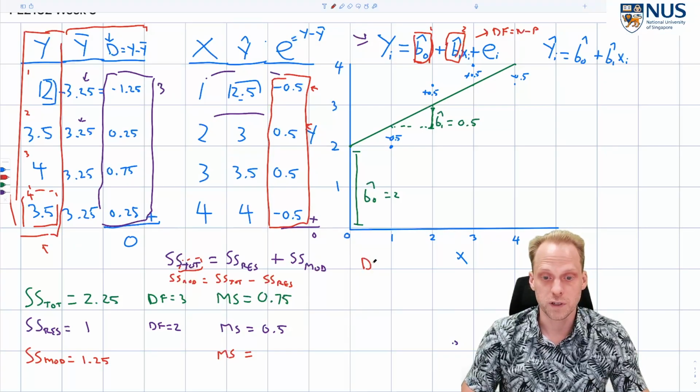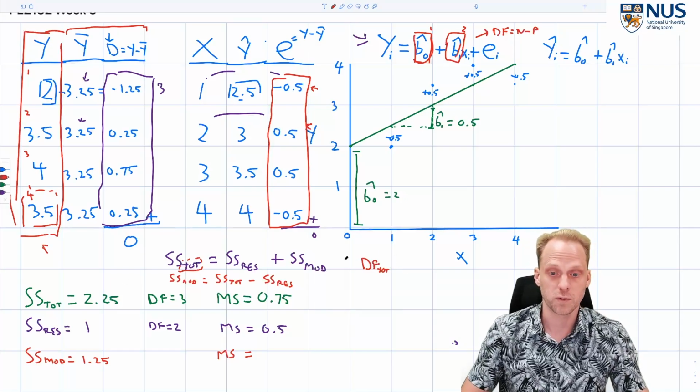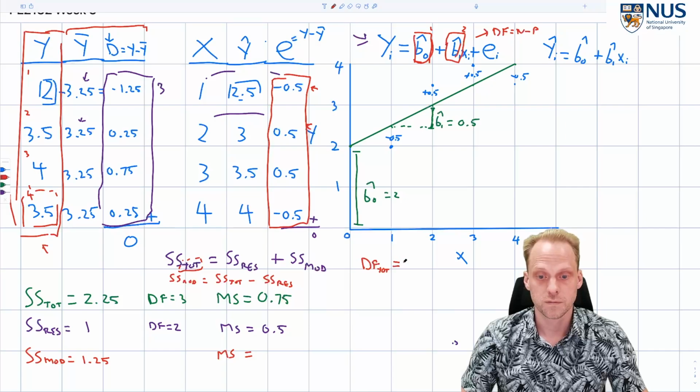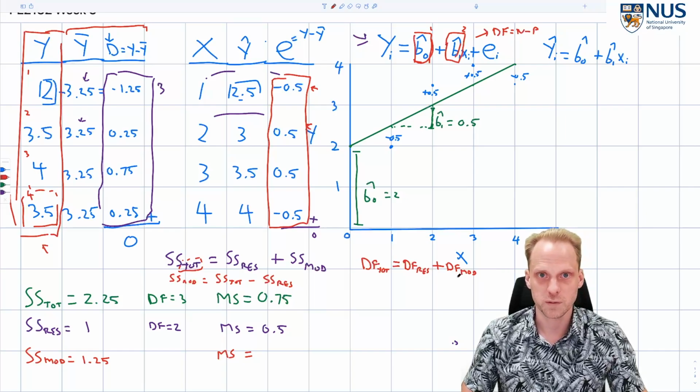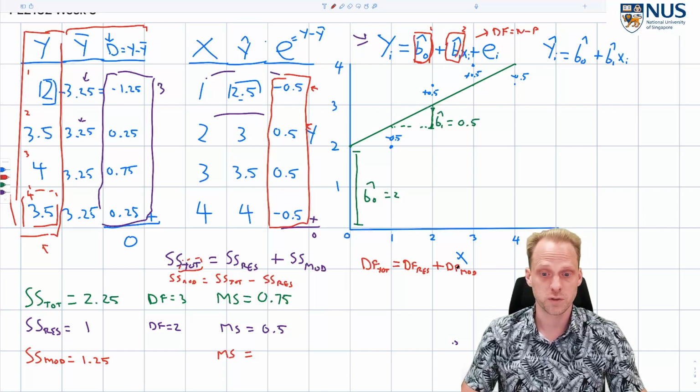So that means that the degrees of freedom of the total model, right, of the total sums of squares, should also be decomposed as the degrees of freedom of the residual and the degrees of freedom of the model. In this case, we only have one model. It gets a bit more complicated later on in the course where we have multiple models.